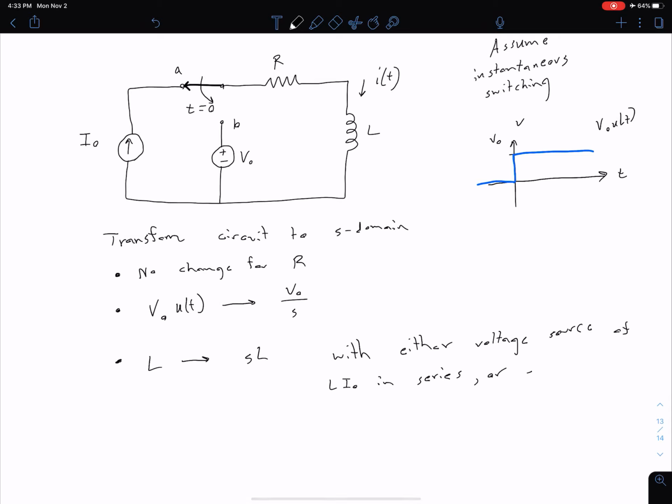Or we're going to have a current source, and the value of our current source is going to be I0 over s, in parallel with the impedance from our inductor.